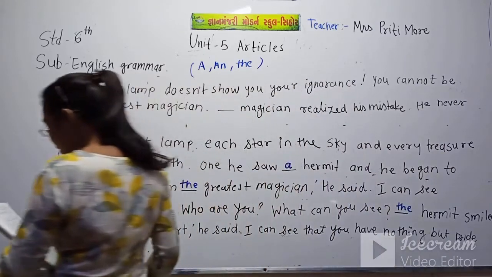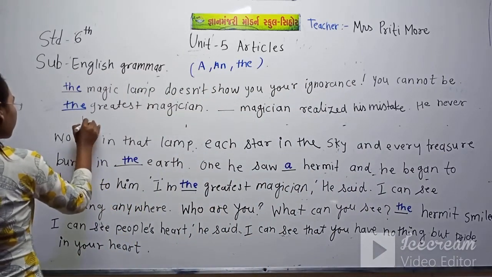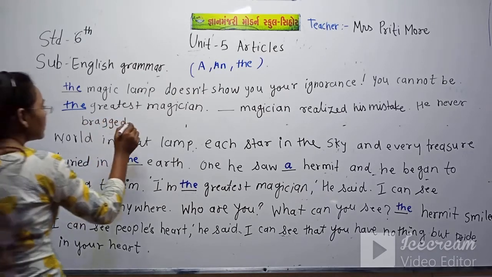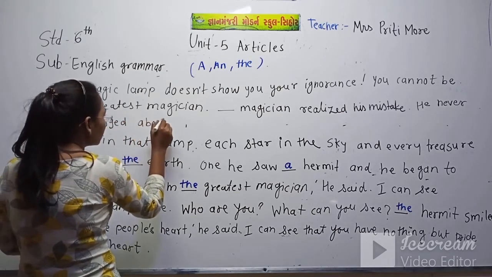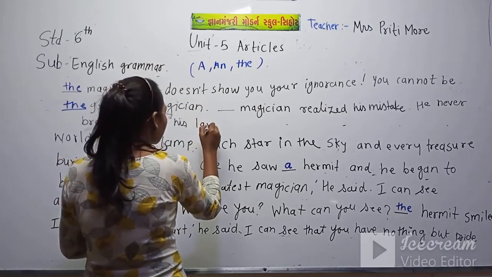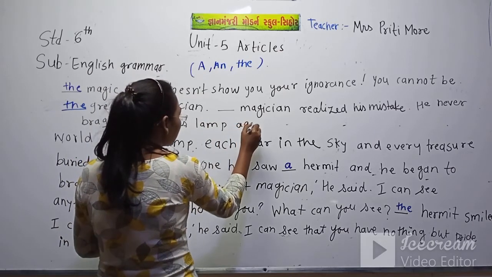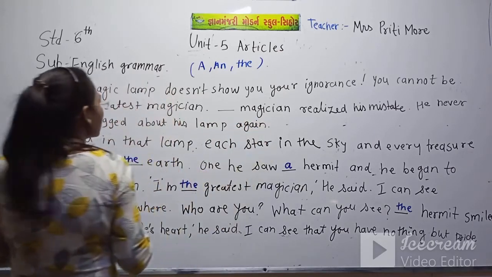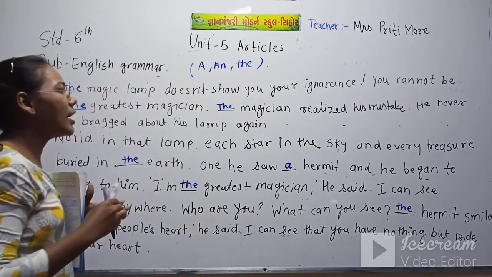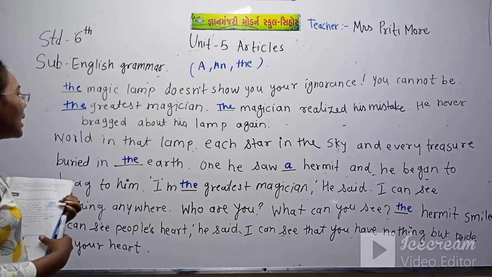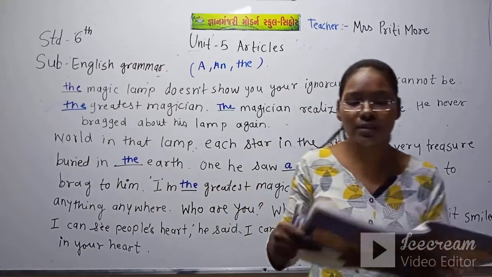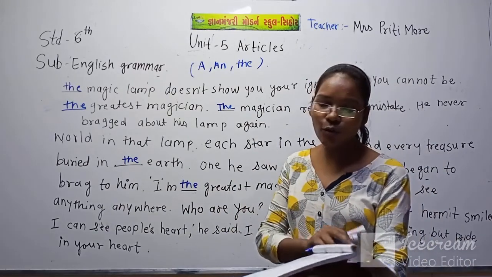He never bragged about his lamp again. So what will come here? The magician realized his mistake and he never bragged about his lamp again. So you just have to note down the whole paragraph in your notebook.